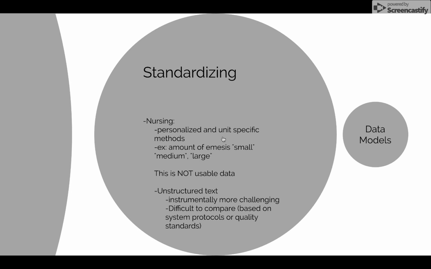Unstructured text. So in nursing, almost all of the documentation is unstructured text, like progress notes. So this isn't data that can easily be pulled. It has to be word processed, word searched. It's much more challenging, and it becomes difficult to compare because each hospital goes based on system protocols and quality standards.